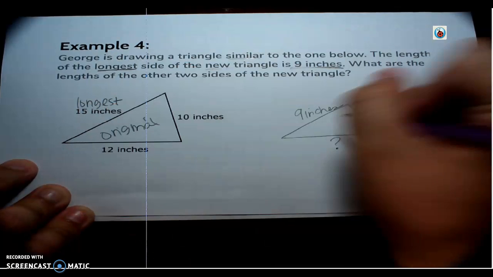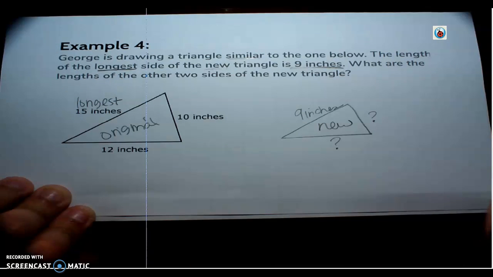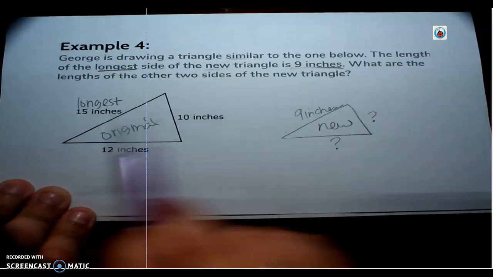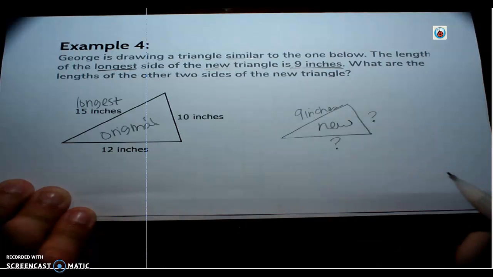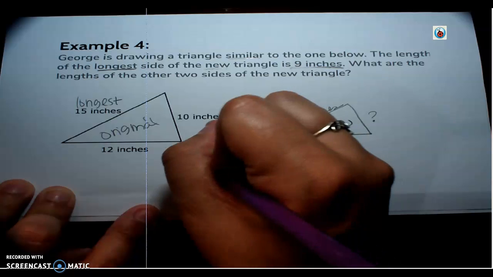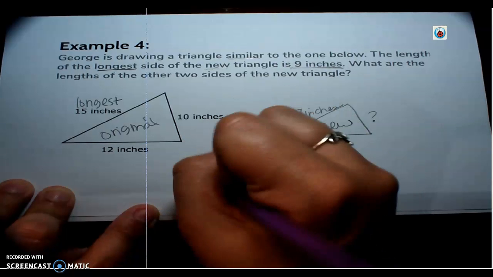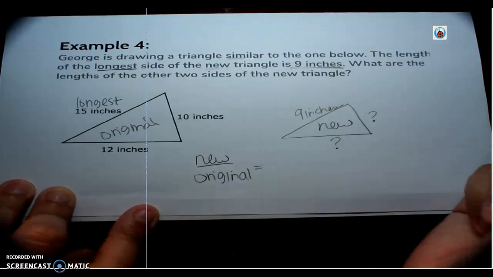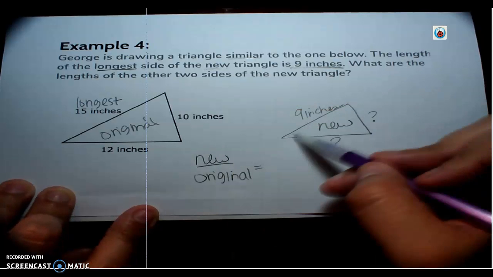So that was the original and that's the new one. So I need to figure out what did he multiply by, 15 times something to give him 9. So remember we can set up the ratio to find the scale factor, which is new over original. And the only side I know is the hypotenuse, the longest side.